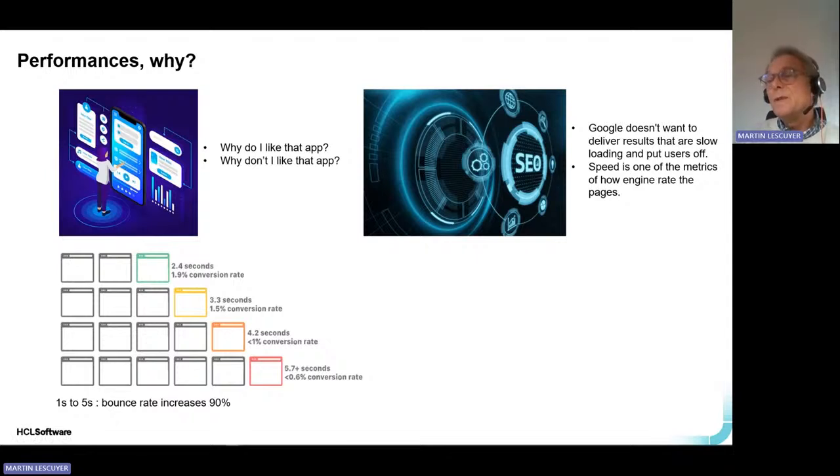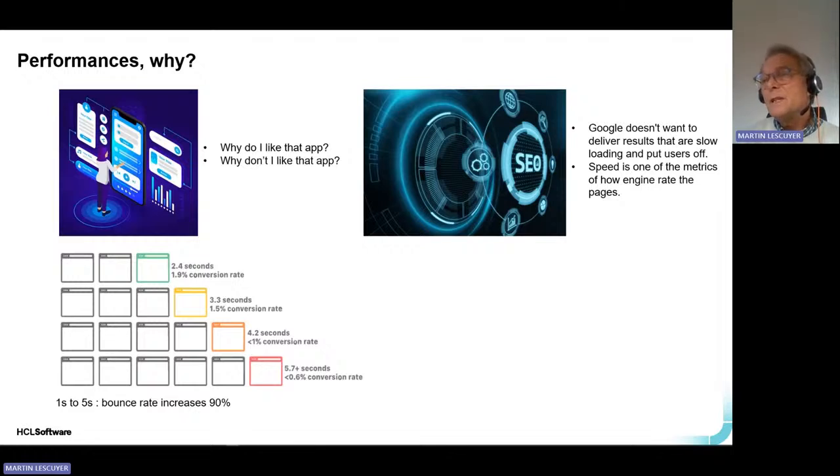Another really important thing is what we call the conversion rate. Conversion rate is, out of the total number of visits, the number of visits that actually is converted to something, whether it's, for example, purchasing something from your application or clicking next, whatever. It's the action that you expect the users to take.